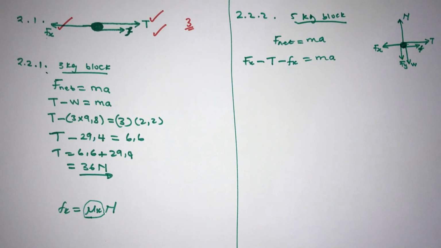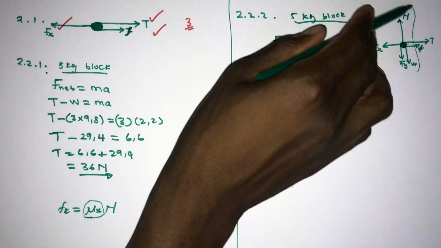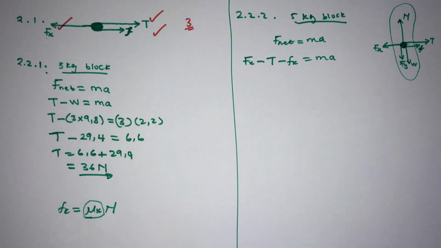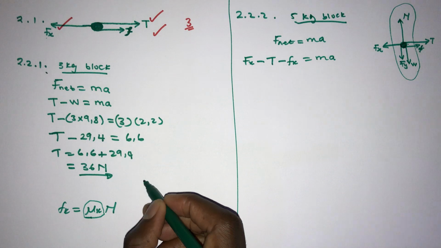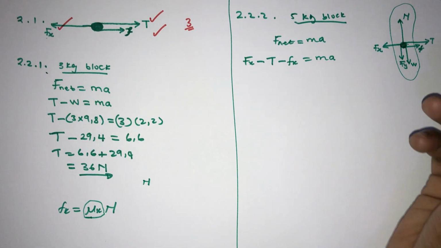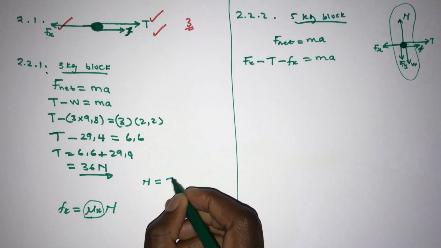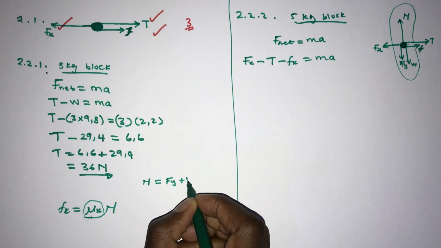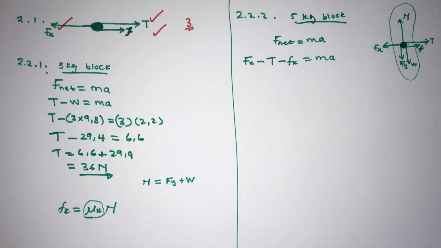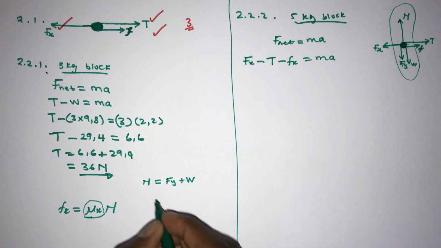So now what is our normal force? This is how we can find the normal force now. So normal force, the force that is going up, is equal to the forces that are going down. So we have Fy plus weight. Right.